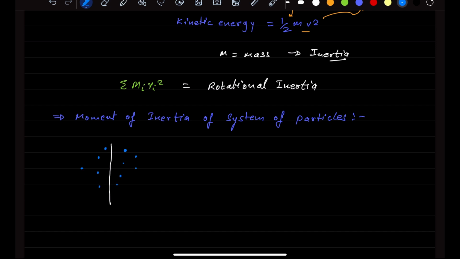This is a system of particles where, let's say, this is particle 1, the mass of this particle 1 is m1, the perpendicular distance is r1. Let's assume that this is particle 2, m2, the distance is r2, and so on. And these particles are rotating with omega about it. So then the moment of inertia for this rotational motion is given as I equals sigma mi ri square.